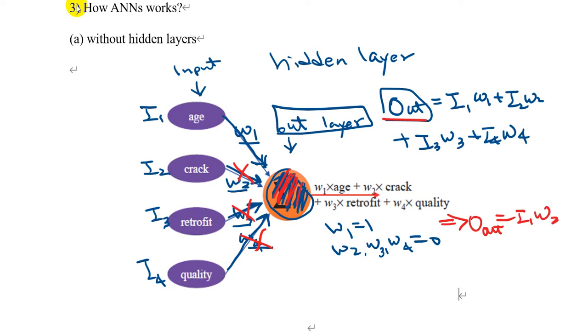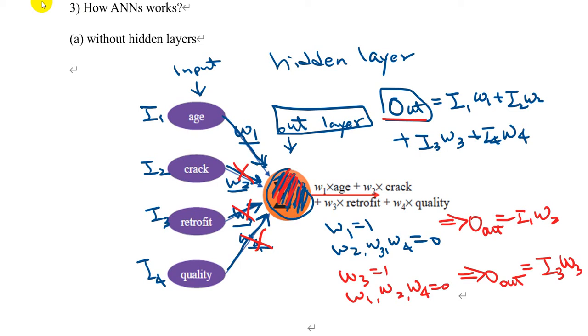Let's take a look at another example where I3 is equal to 1, and W1, W2, W4 are 0. Then the output value is I3 times W3, where all the influence by W1, W2, and W4 vanishes, as you see here.